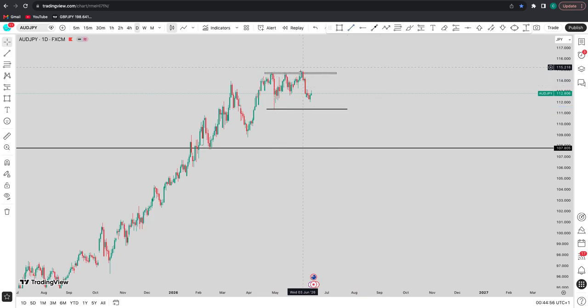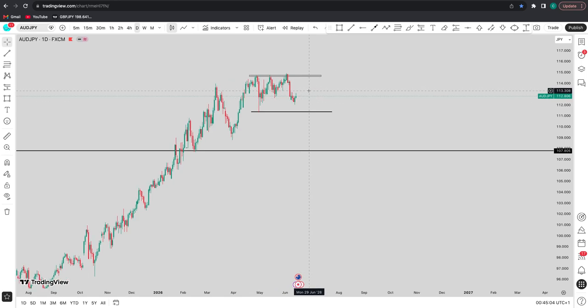So immediately we break above this zone, we want to start looking for reasons to buy this market. The market has not been giving us a clear reason to buy at this moment, but I will be looking out for a change of character on this zone on the smaller time frame to take this buy.